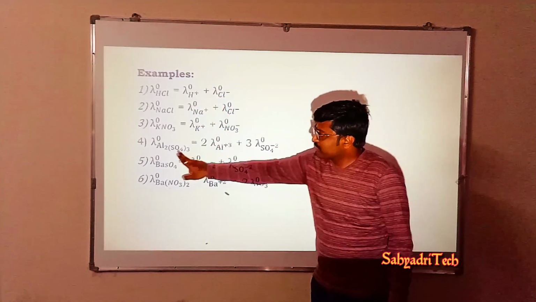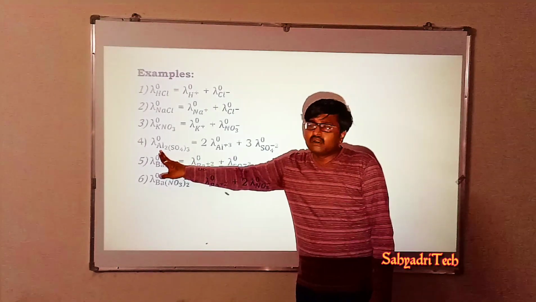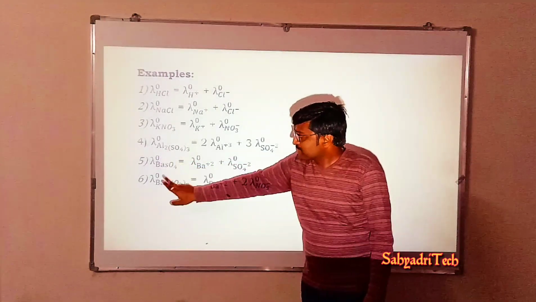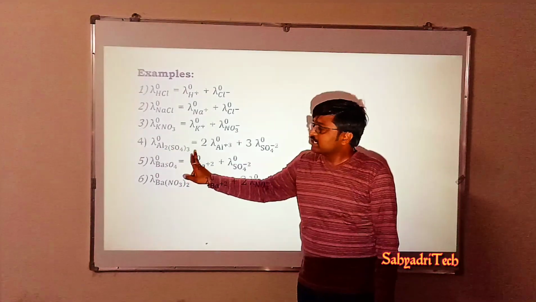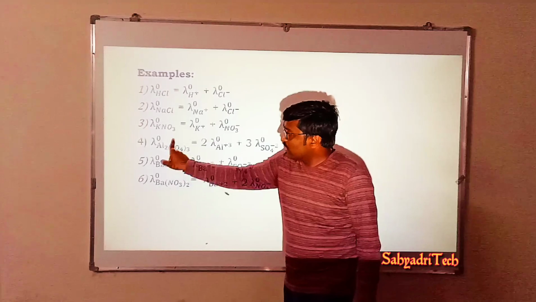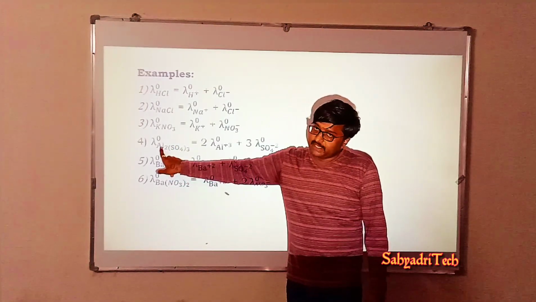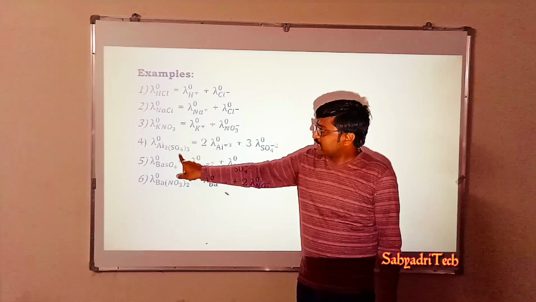As an example, if you go for aluminum sulfate, the limiting molar conductivity of aluminum sulfate, if you look at the formula Al2(SO4)3, it means 1 mole of aluminum sulfate contains 2 aluminum ions and 3 sulfate ions.